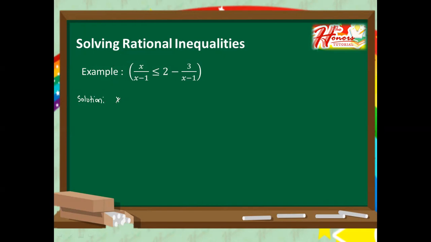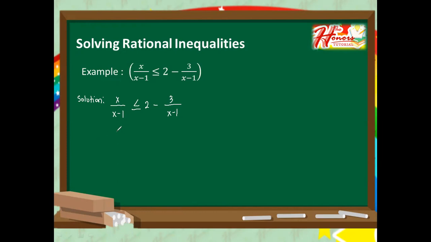So we have here x over x minus 1 is less than or equal to 2 minus 3 over x minus 1. And this is what we are going to do. This expression at the right side, we have to transpose all of it to the left side of the inequality.